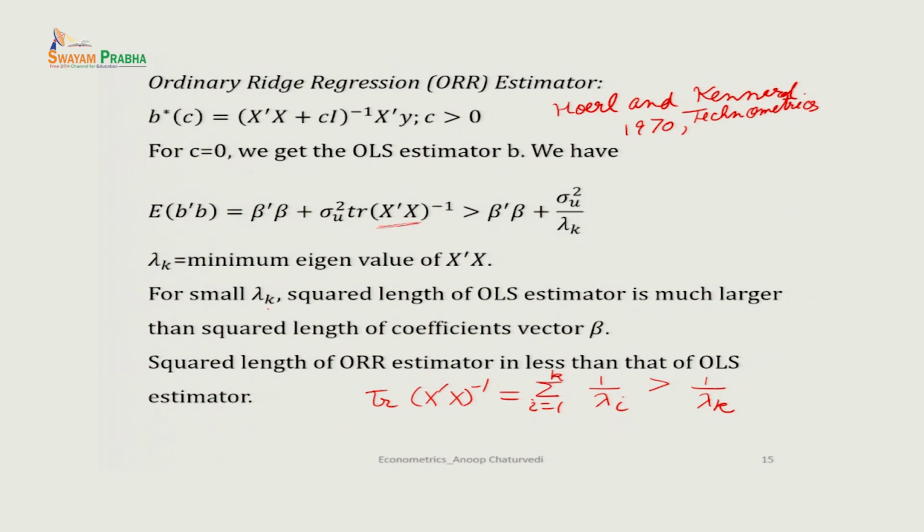Then, for small lambda k, the squared length of the OLS estimator is much larger than the squared length of the coefficient vector beta. This expectation is much larger than beta transpose beta if lambda k is small. So, that is why the OLS estimator becomes large in magnitude, and this is just because of this smallest eigenvalue lambda k.